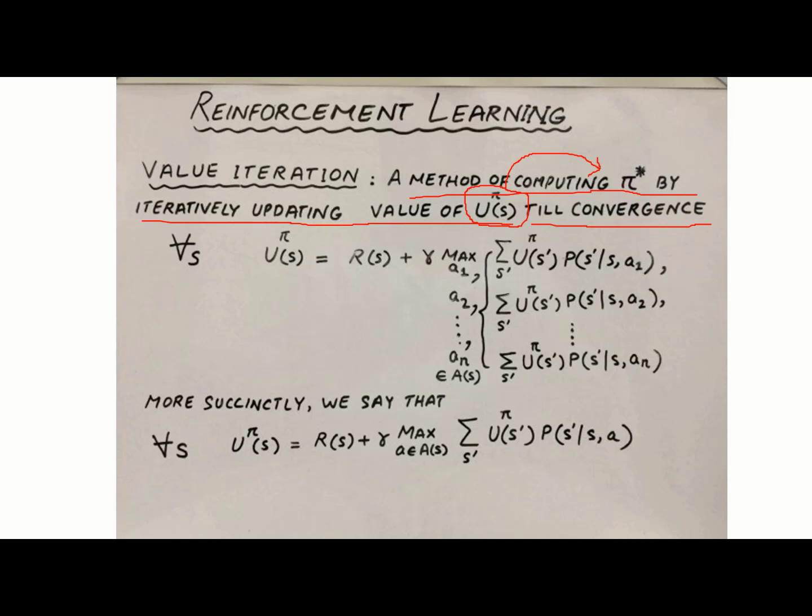The expression goes like this. We say that for all the states, you have to calculate the value of expected accumulated reward as R of s plus gamma times the maximum of, say, n numbers.